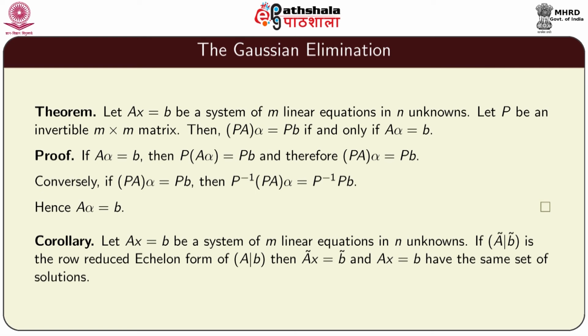So now we see that Gaussian elimination is indeed an effective method for solving a system of linear equations, in the sense that we first start with the system, look at the augmented matrix of the system, namely A stroke B. Now we apply Gaussian elimination to reduce it to row reduced echelon form, and then we solve the reduced system, and this solves the original system as well, because the set of solutions remains unchanged.